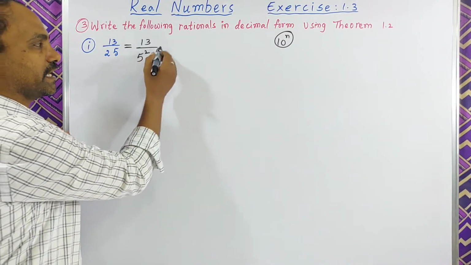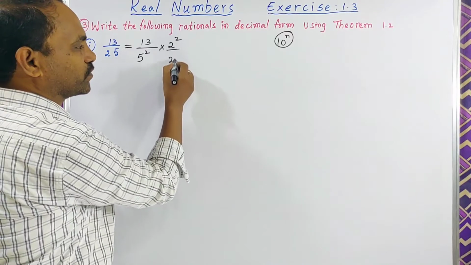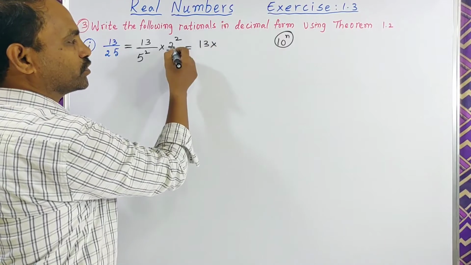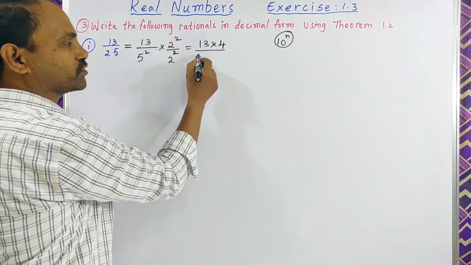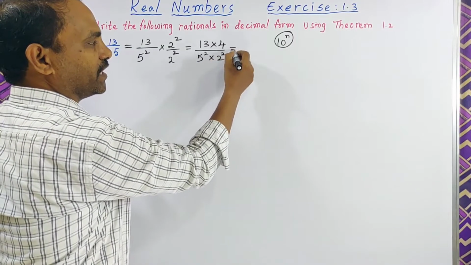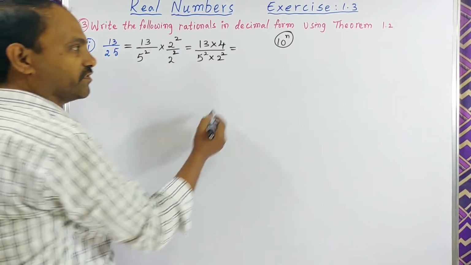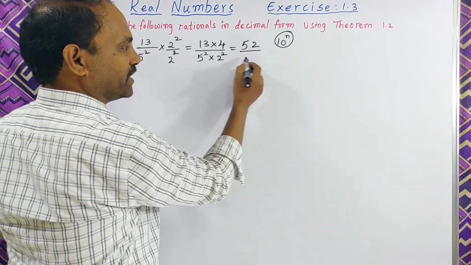That's why we multiply by 2 square by 2 square. Then we get 13 into 2 square, which is 4, by 5 square into 2 square. Then 13 into 4 is 52, by 5 into 2 is 10.